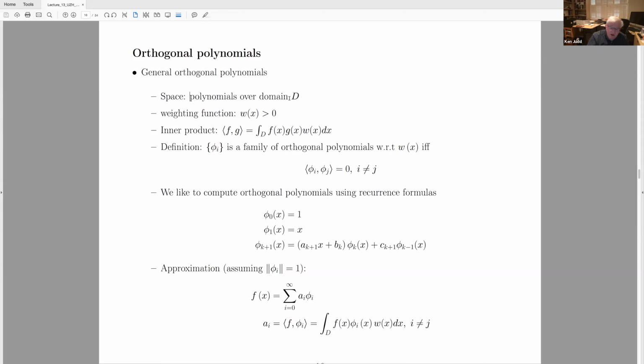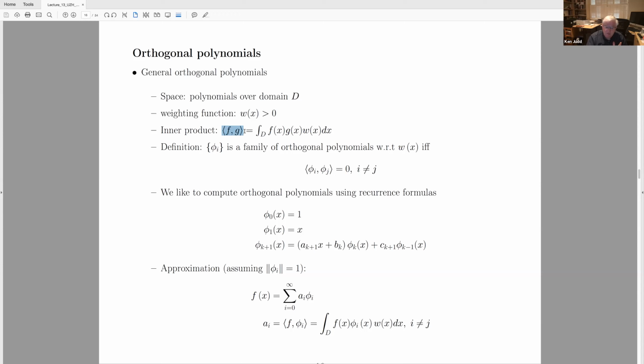Okay, suppose you are operating in some domain D. You have some weight function that's strictly positive over that domain. And now, once you have the domain described and the weighting function determined, then you can define an inner product.